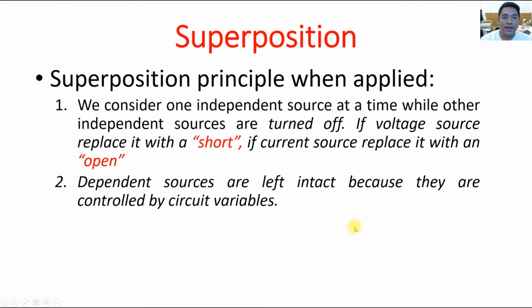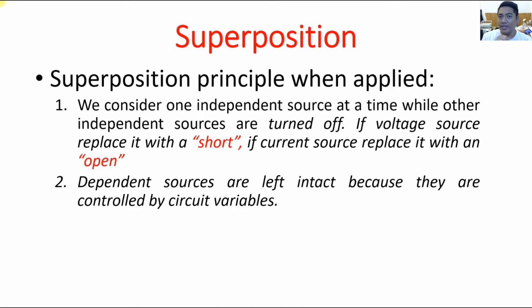Okay, and when using superposition, number one, we consider one independent source at a time. So other sources must be turned off. For example, we have two sources in the circuit, a voltage source and a current source. The voltage source should be turned off, and the current source is left on. Okay? And then analyze the circuit.